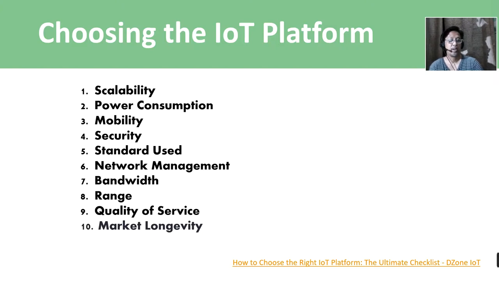Are you coming up with an application that would be there for the next 50 years? Or will it be something that will just be used now, and in 5 years your application will no longer be needed? So you also have to think of those things. These are some of the things that you have to consider when you choose your IoT platform.